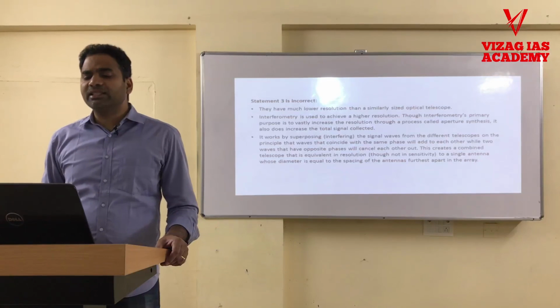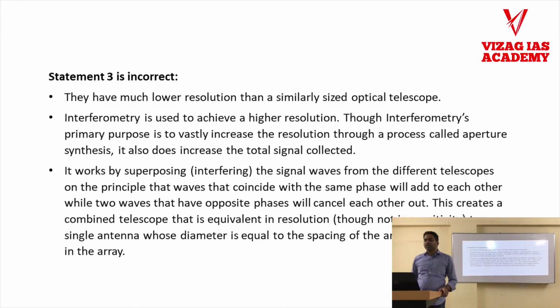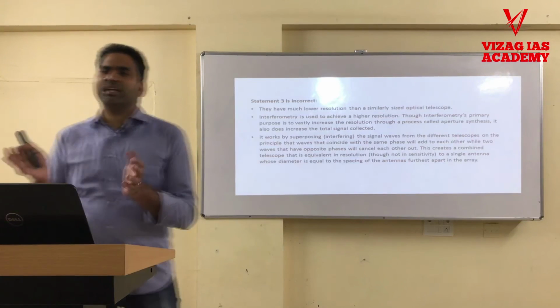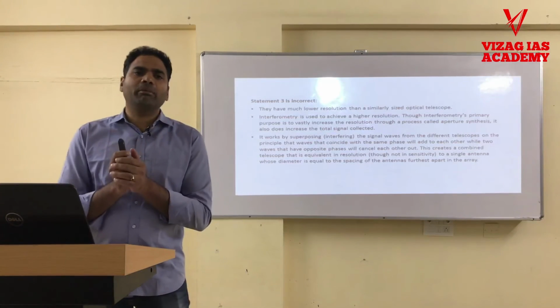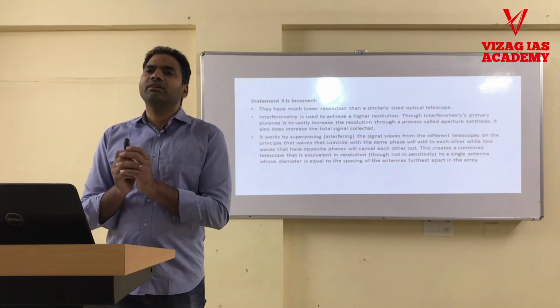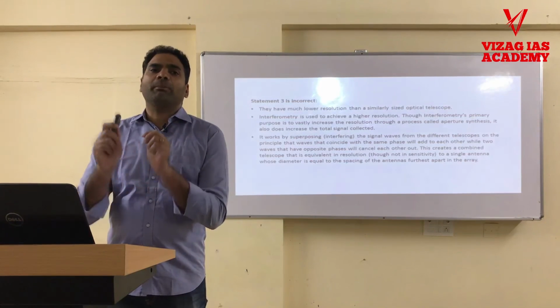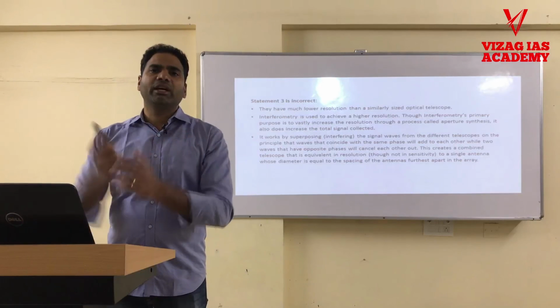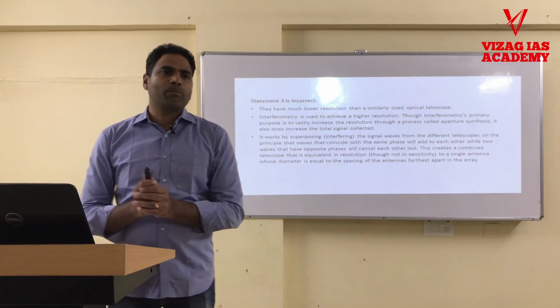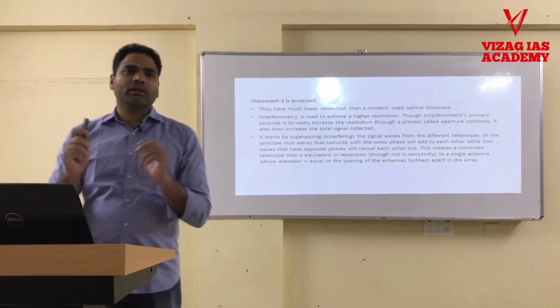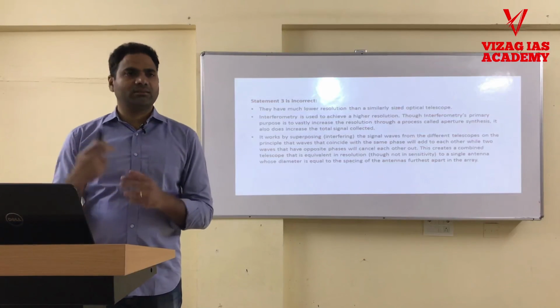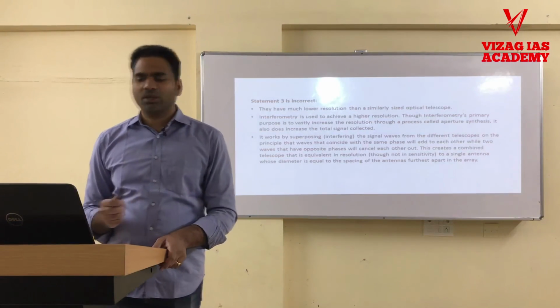So, statement 3 is incorrect, 1 and 2 we have discussed. 3 is incorrect because they use interferometry to get a precise, crisp, sharp image. Interferometry sharpens the image using n number of inputs from signals from different radio telescopes. Okay.